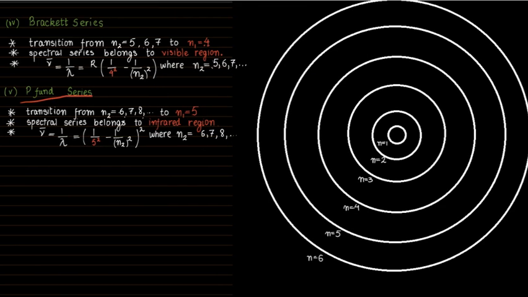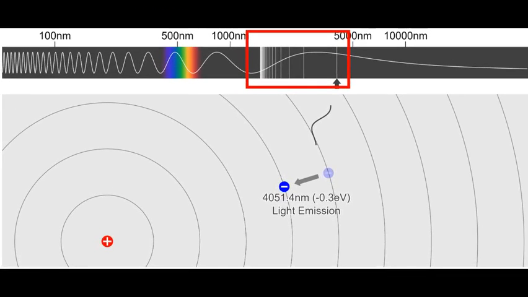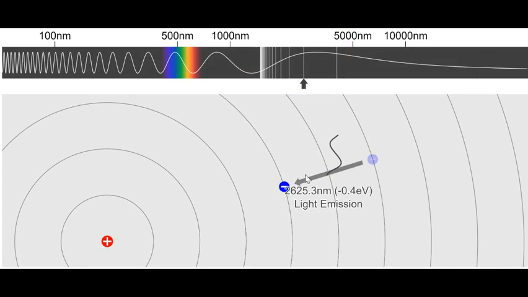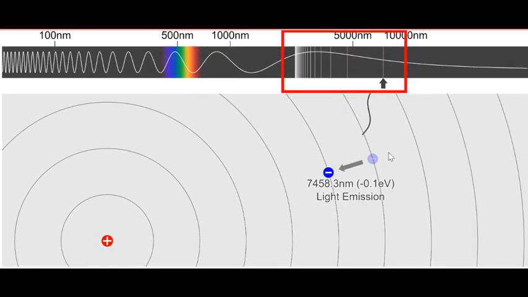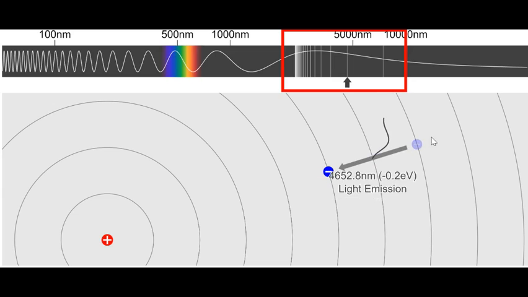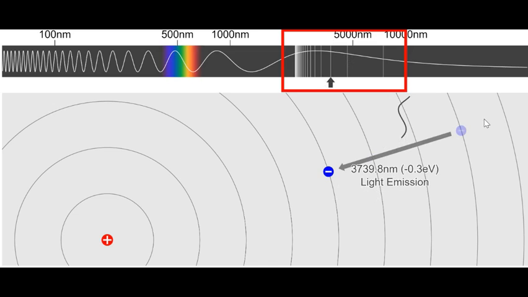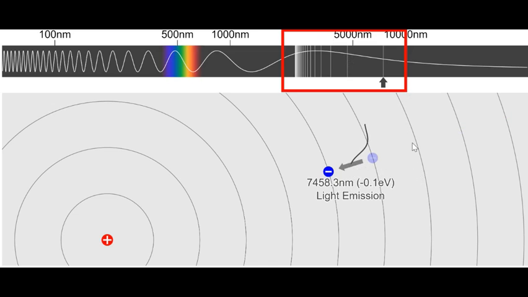Now in this case, what happens? Instead of making transition to n equals 4 level, here the transition will be till n equals 5 level. And in this case, you will see these spectral lines. Okay, can you see the ones which are shown here? These are the spectral lines produced.